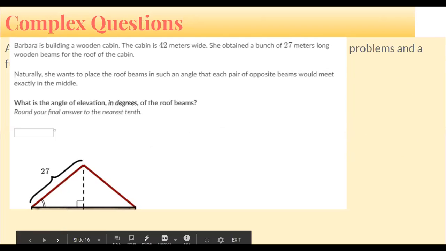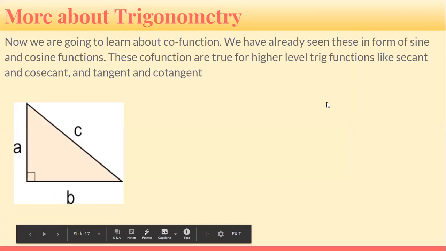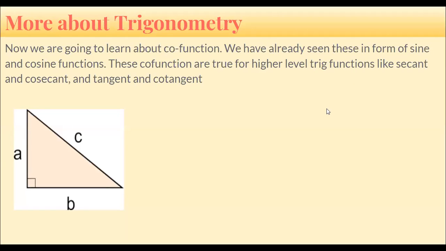Alright guys, I want to show you some really cool stuff about cofunctions, and what I told you about remembering that in certain situations, sine and cosine have the same value in the same triangle. These cofunctions are true for higher level trig functions like secant and cosecant and tangent and cotangent.